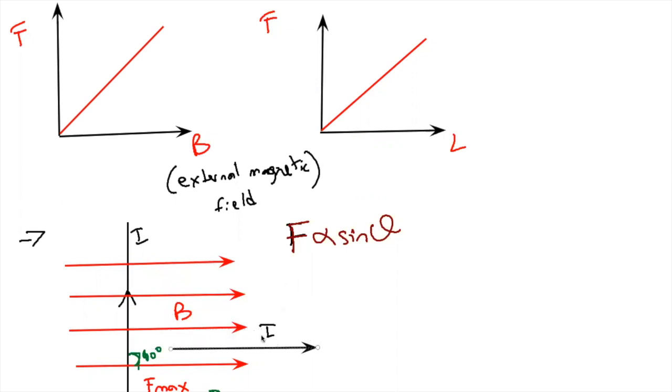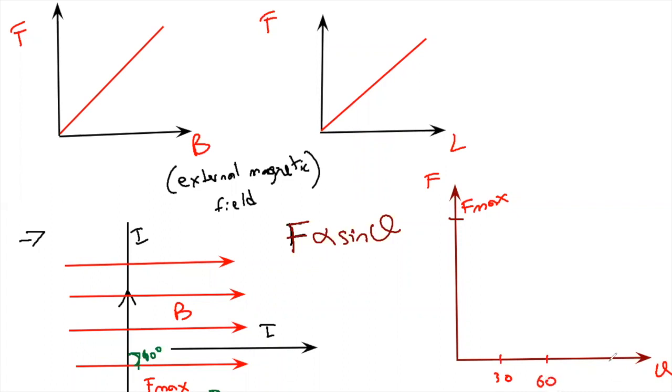So we're gonna make a graph here like this and like this, and we're gonna make some readings here. This is F max, and this is theta. This is F. And let's make the angle. So this is 30, this is 60, this is 90. Then let's make a dotted line upwards and let's make the graph.